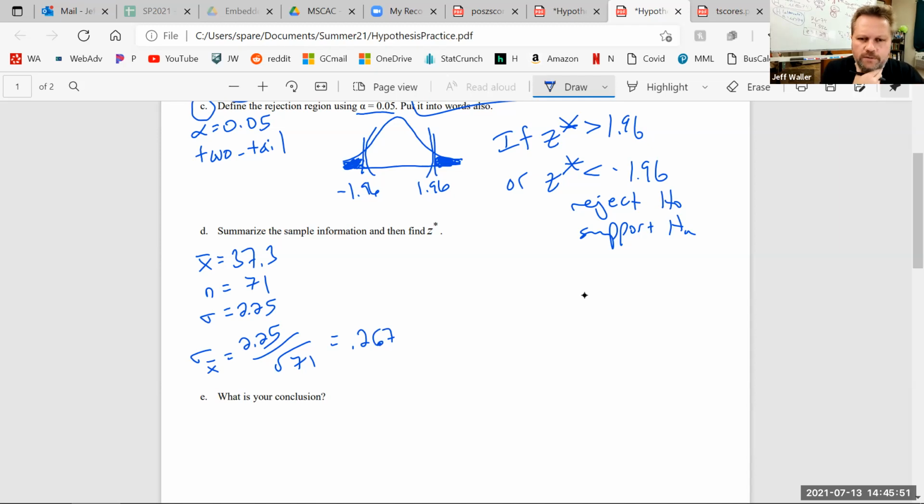So this step should feel very familiar. We've done the steps since chapter 7. Change standard deviation, make a z-score.